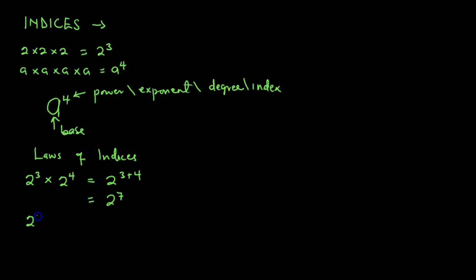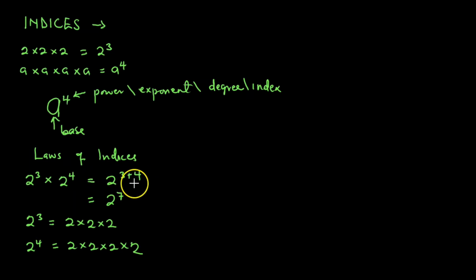If I have 2 raised to the power 3, I can expand it and write it as 2 times 2 times 2. Likewise, 2 raised to the power 4 can be written as 2 times 2 times 2 times 2. Multiplying all the 2's, how many 2's are we multiplying? There are 7 of them. That is why we say that 2 raised to the power 3 multiplying 2 raised to the power 4 can be simplified to 2 to the power 3 plus 4.